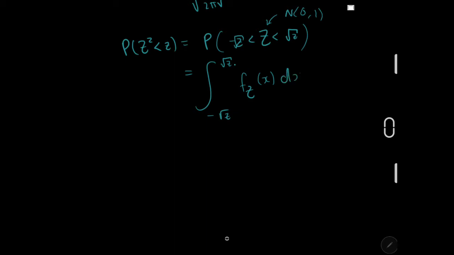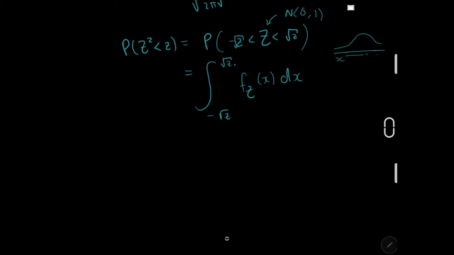I'm putting an x here because x is a dummy variable; essentially, we don't really care about it. It's just telling us what our independent variable is. This x is this value over here.